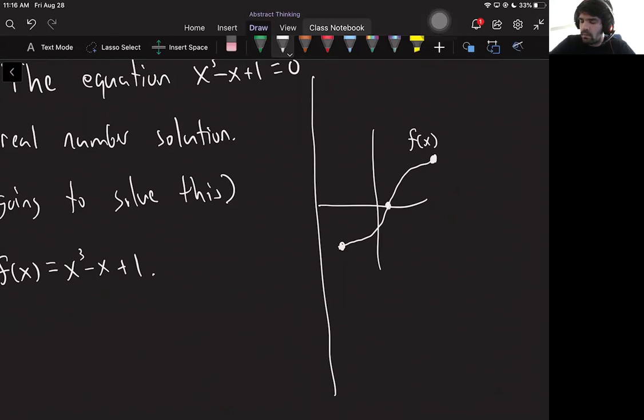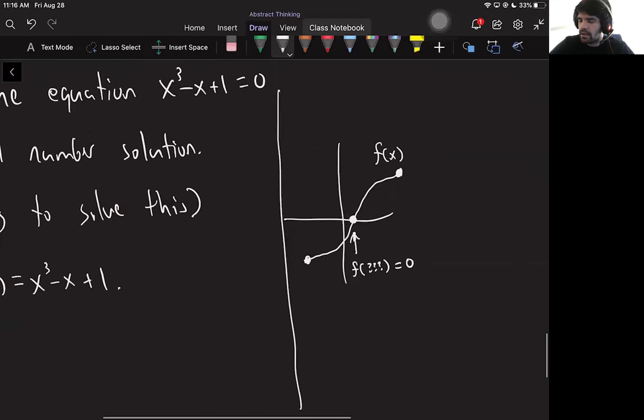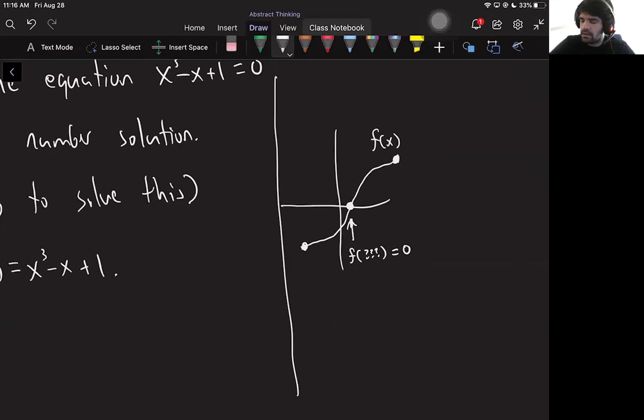And what that means is that when it crosses there, whatever number that is, I don't know what number it is, but what I do know is that when I plug it in, I get 0. And I know it has to exist because the function is continuous. It doesn't just jump over the 0 line.